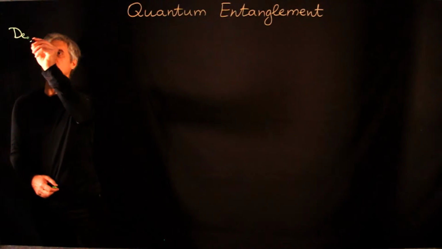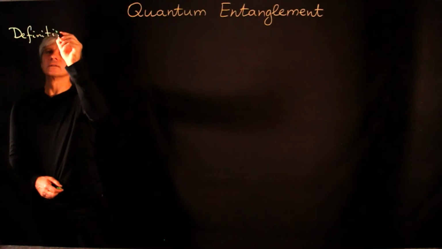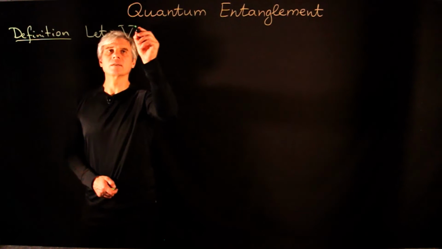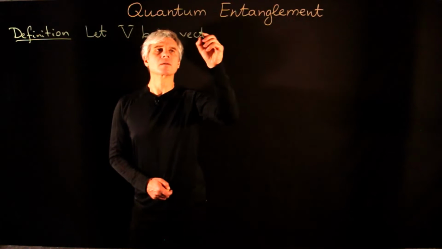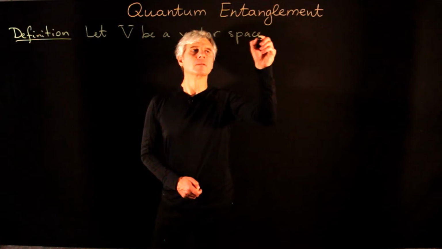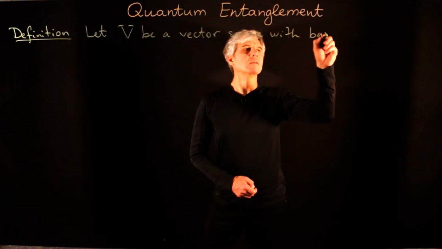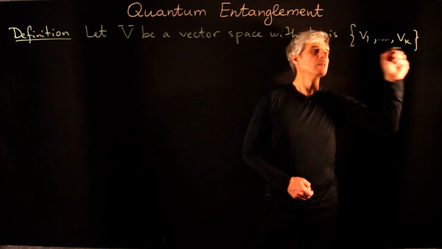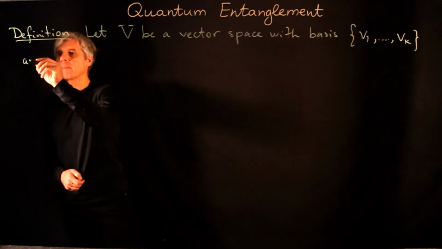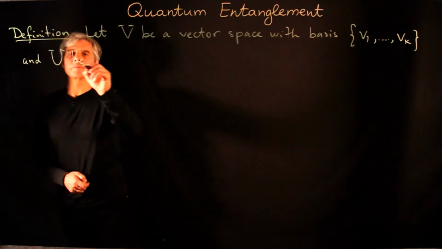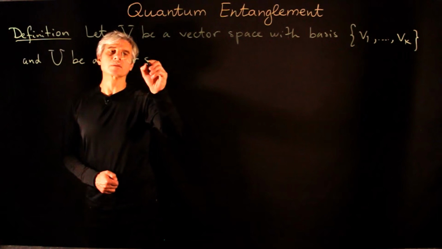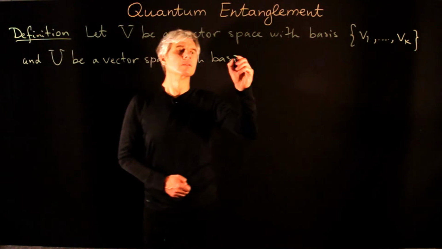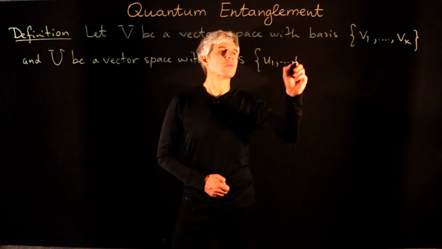So, definition. Let V be a vector space with bases V1 through Vk, and U be a vector space with bases U1 through Un.